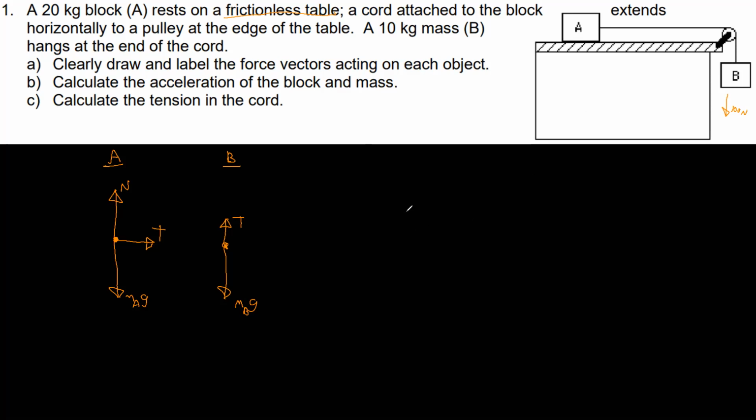Instead, since this is an Atwood problem, we have to combine the objects. So we have a 20 kilogram block and a 10 kilogram mass. So we have 30 kilograms being accelerated. There's 100 newtons of gravity acting on block B because MBG is 10 times little g, which is 10.